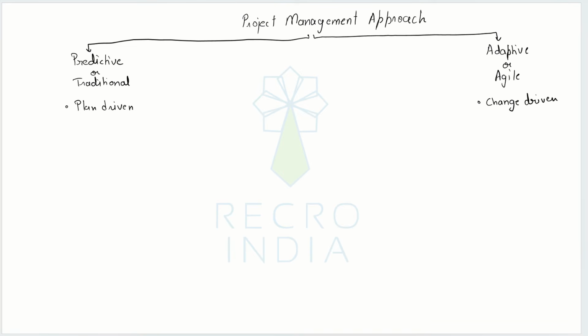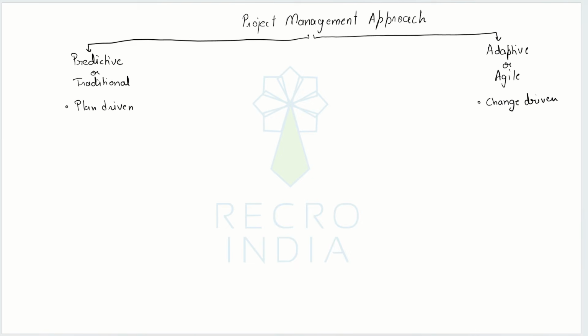So it doesn't make sense to do high amount of upfront planning when your scope is not clear, because the moment your scope gets refined or evolved, the plans would become useless and you will have to sit down and replan everything. Hence, agile approaches, adaptive approaches, they rely on very little upfront planning, and usually they prefer to plan on the go. As the scope becomes more and more clear, they continue planning the work on the go.